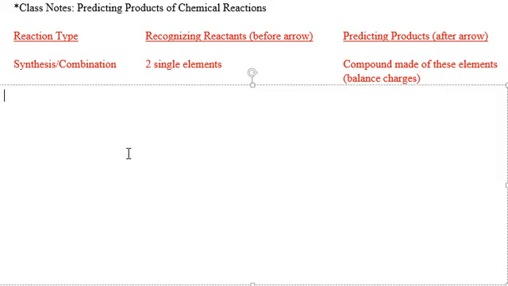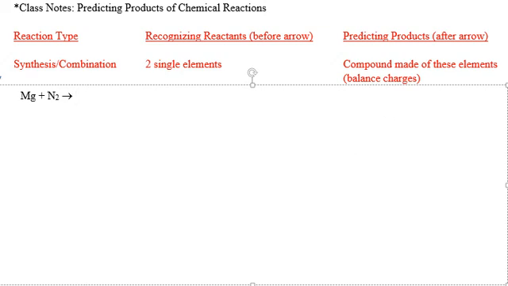If I wanted to give you an example of this, if you were looking at a reaction and you had magnesium plus nitrogen, and remember nitrogen is diatomic, so that's going to look like N2, and then all we have is the arrow, and you have to fill in what comes after the arrow. Well, you have to put those 2 together to make a compound.